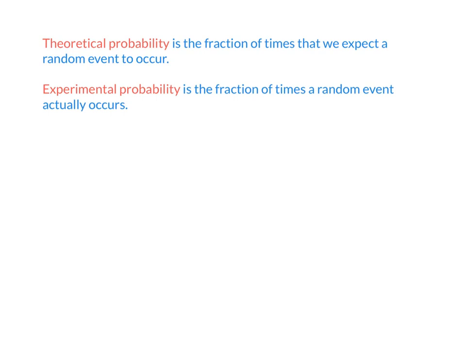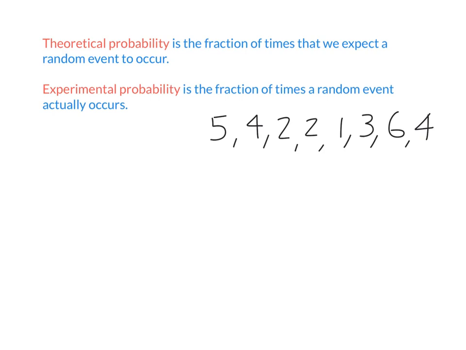So let's go back to rolling a die. Let's say I rolled a die and I rolled a 5, then a 4, and so on. So I rolled a die a number of times, and these were my results. We know, for example, the theoretical probability of rolling a 5 is 1 over 6.